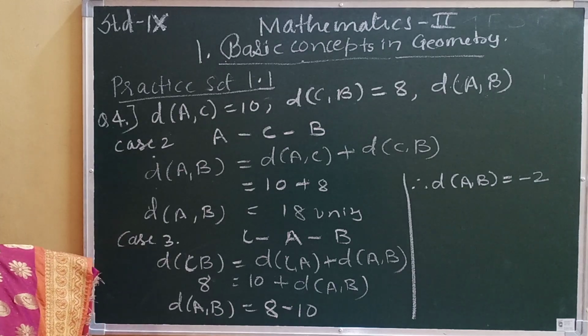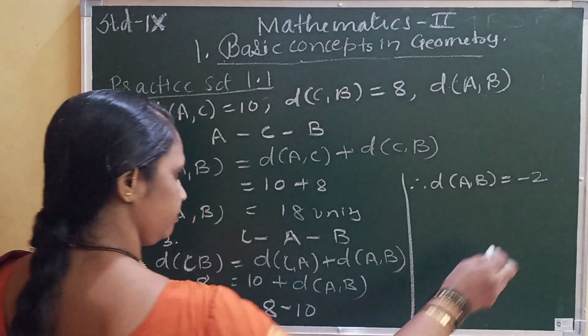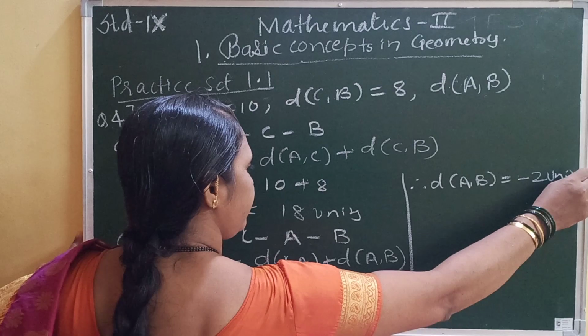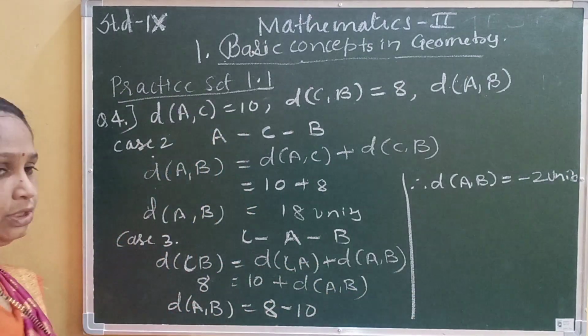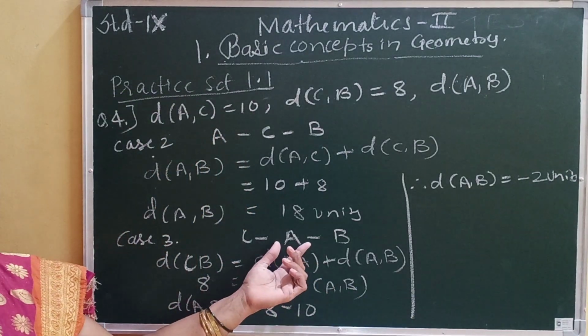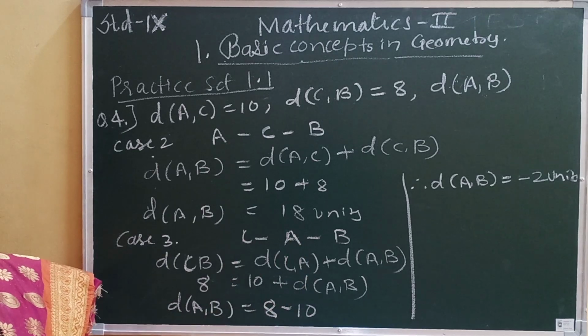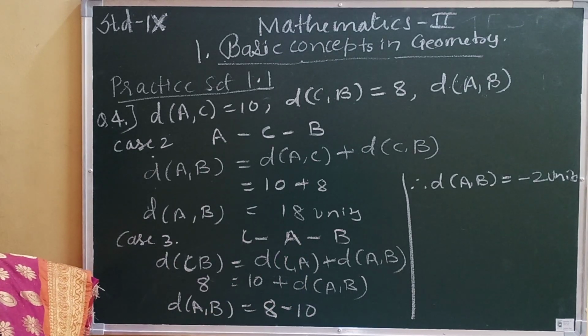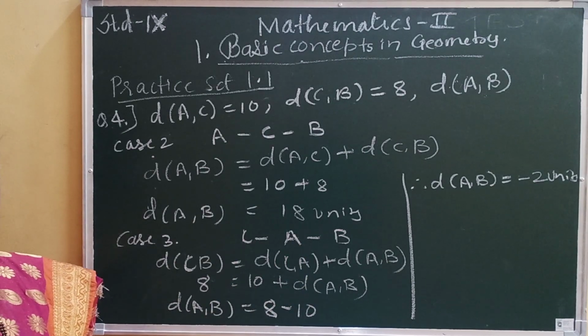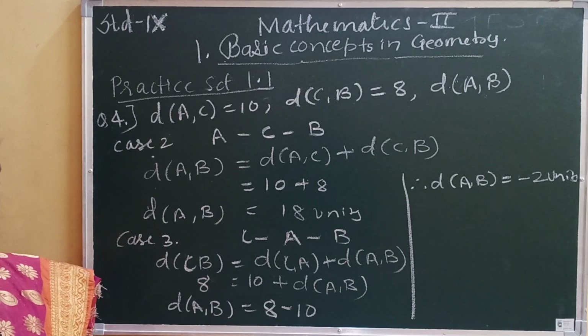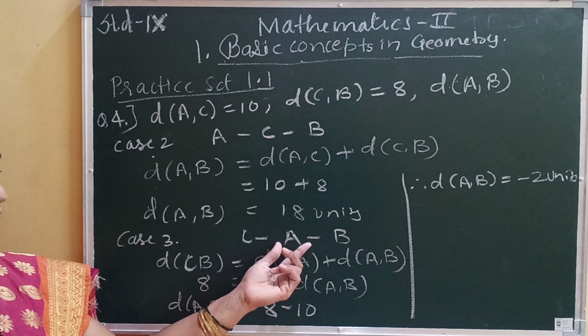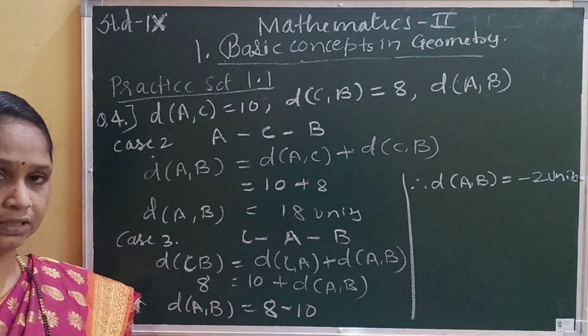No, distance cannot be negative. This minus 2 cannot be the distance. So this possibility that A is in the middle is not possible. So there will be only two possibilities: either C is in the middle or B is in the middle. A will not be in between B and C.